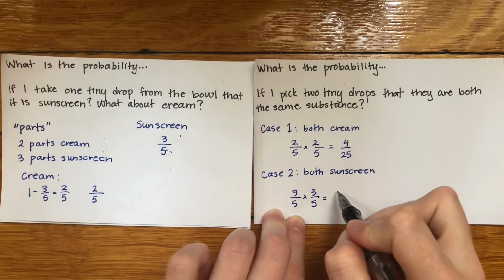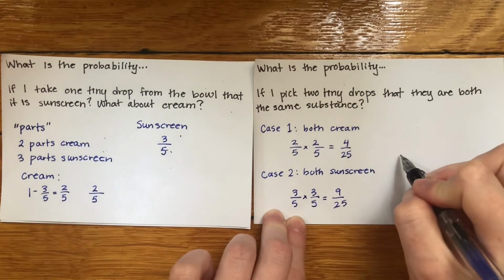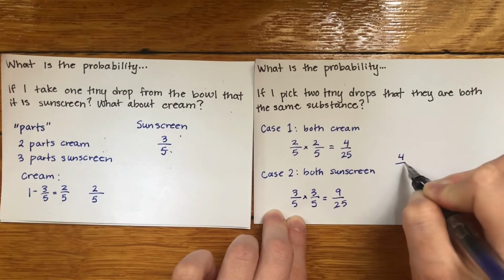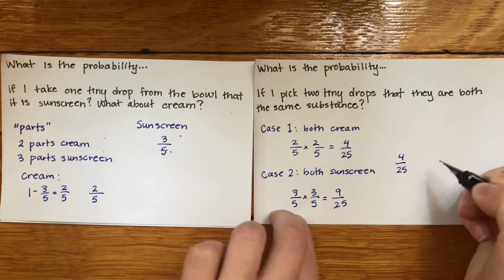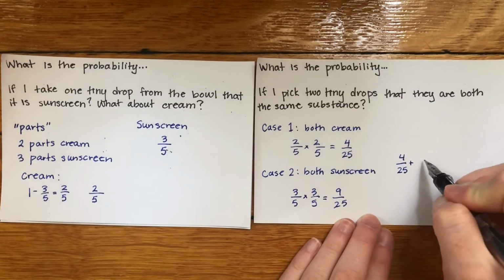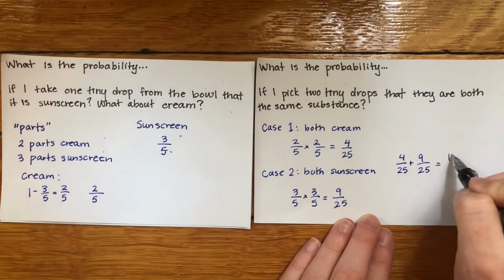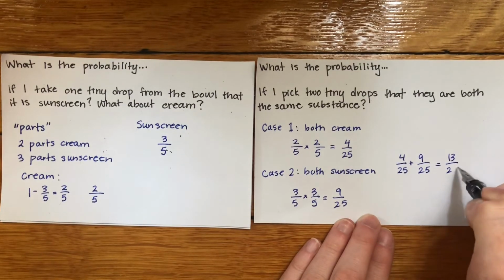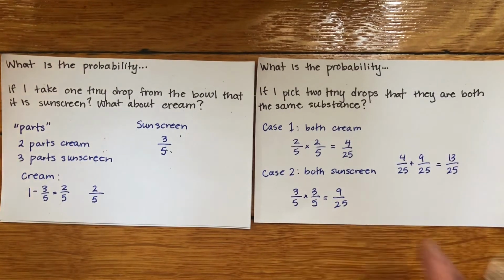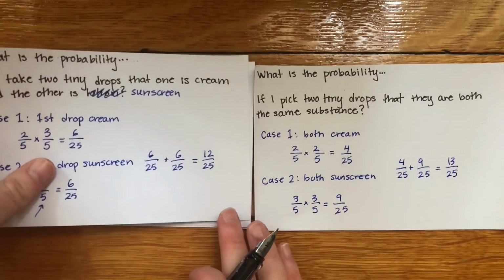And so total that would be 9/25. We'll add these together again. Remember, we're adding instead of multiplying because we're thinking of an or problem. It's either case 1 or case 2. So we're going to add 4/25 plus 9/25, which is, you guessed it, 13/25.